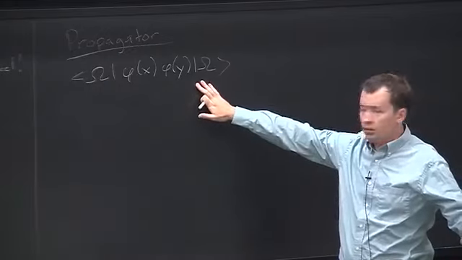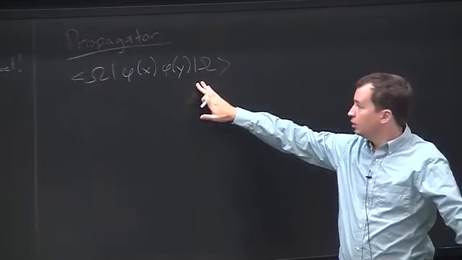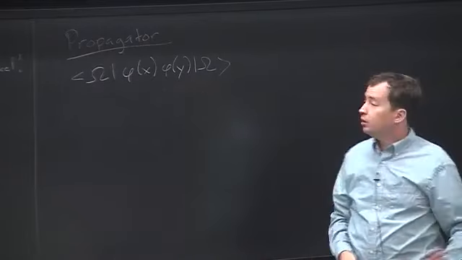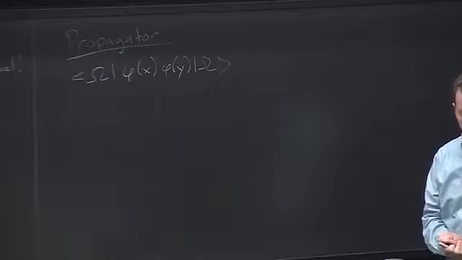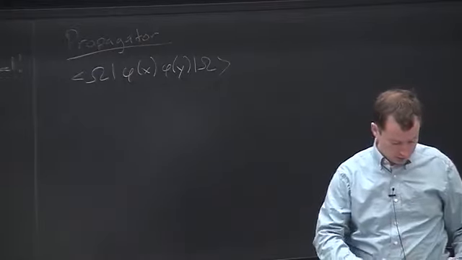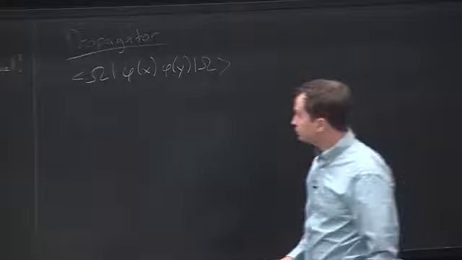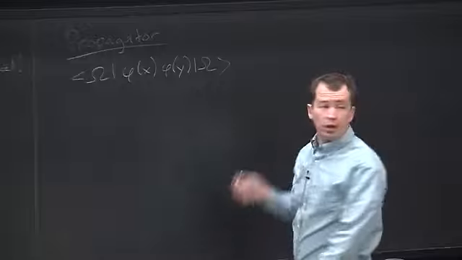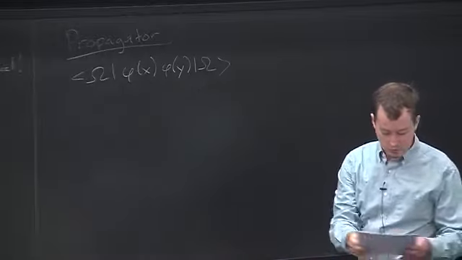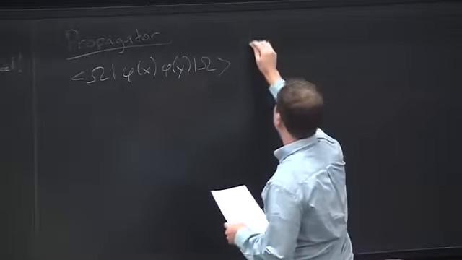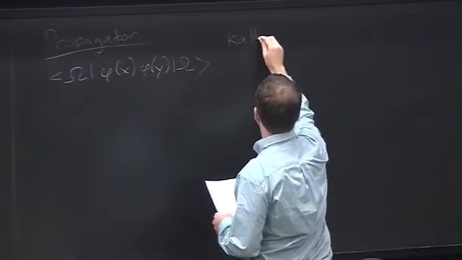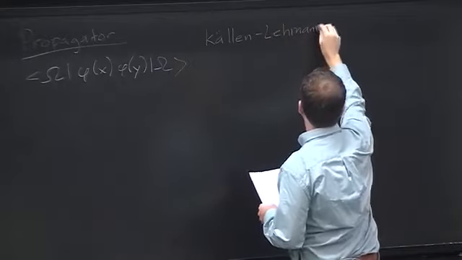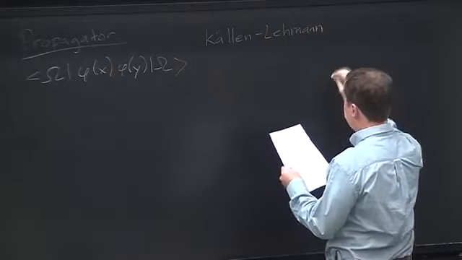So let's see what statements we can make about this quantity in the interacting theory. So the first result I'm going to sketch a derivation of is known as the Källén-Lehmann spectral representation.